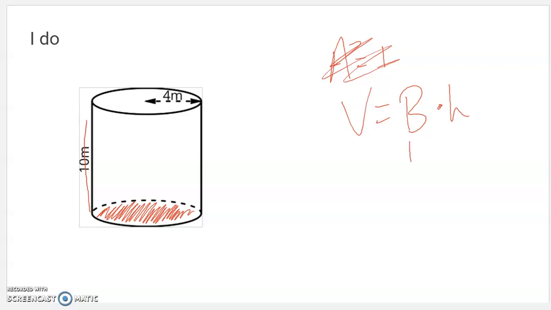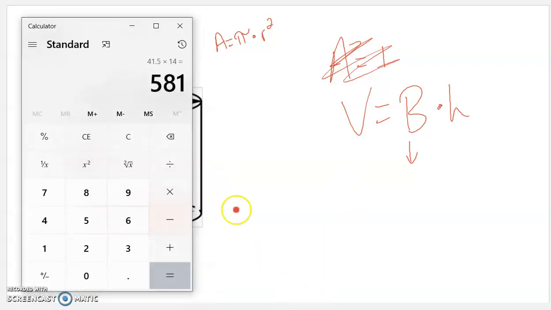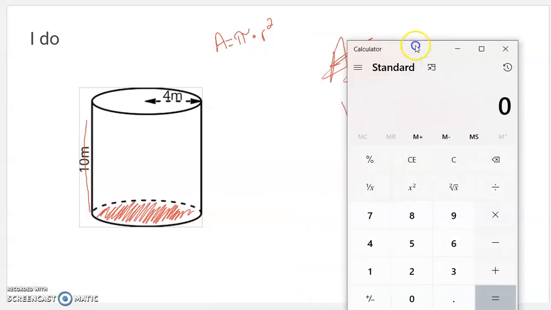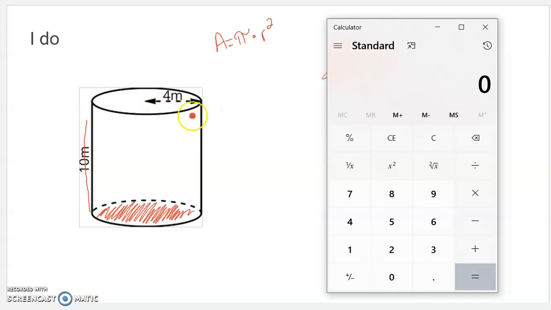So in this case, the area of the base, remember, for a circle, area is pi times the radius squared. So let me calculate that. For this particular cylinder, the radius is 4. So I'm going to do 4 squared times pi.